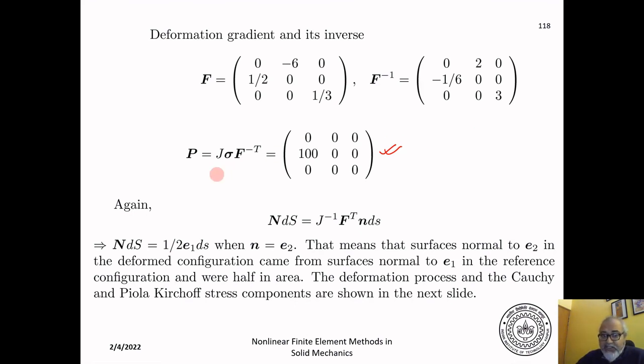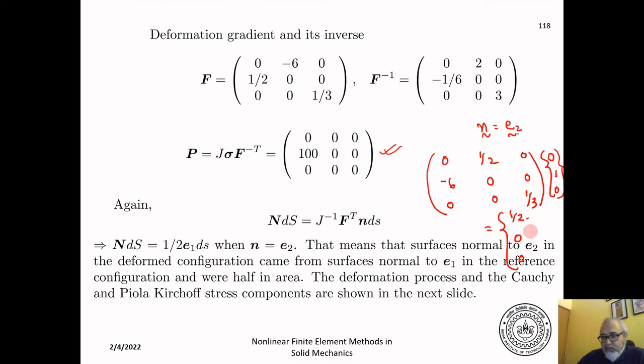Now let us use Nanson's relation. Let us assume that in the deformed configuration, we have a surface with n equal to E2. In that case, F transpose n is 0 minus 6 0, half 0 0, 0 0 1/3 times n, which is in this case 0 1 0, which leads to half 0 0. So F transpose n is half 0 0 times d small s, and J for this, the determinant of F, is 1.